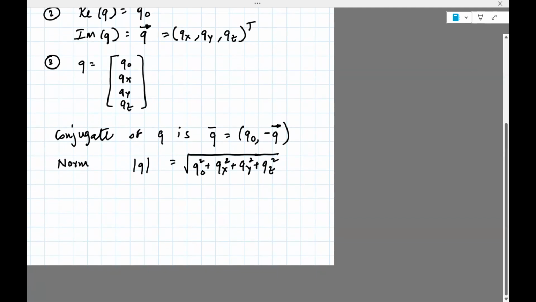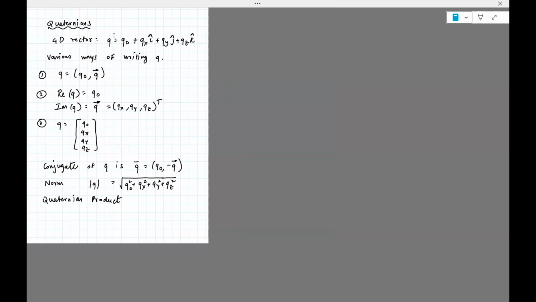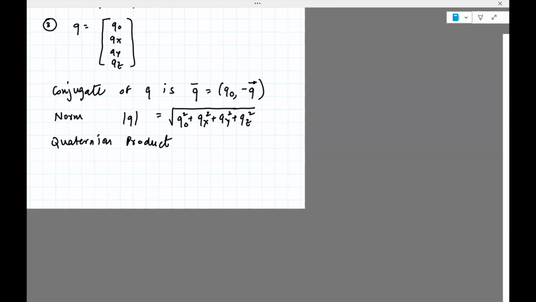Okay, and one more thing which will be very important, we'll be using this somewhat in this course, is the quaternion product. You could multiply two quaternions together, and there's a formula for it. I'll write it down. It's denoted by Q dot P. Q is a quaternion, P is another quaternion.